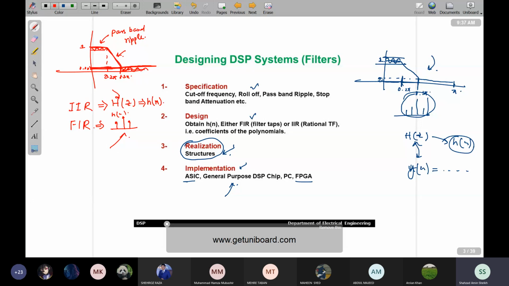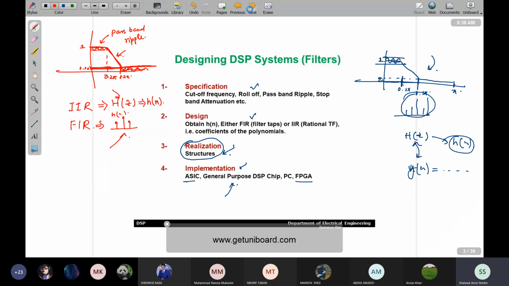You can implement it on the FPGA, field programmable gate arrays. So these are the areas related to designing DSP systems. Now, when you have obtained your H(z) or h(n), then you have to present an algorithm with which you will be implementing your system on the hardware. That is what we are looking at in this chapter.